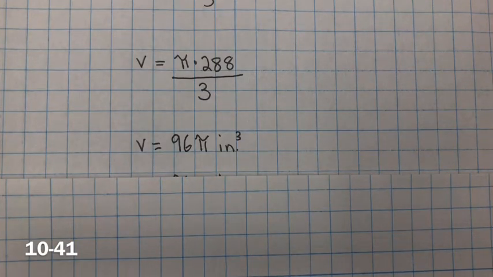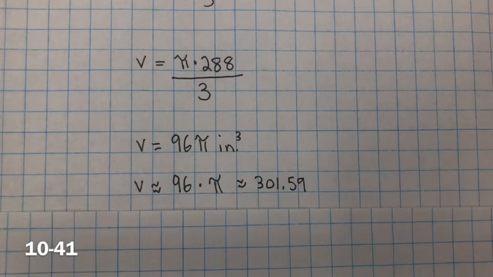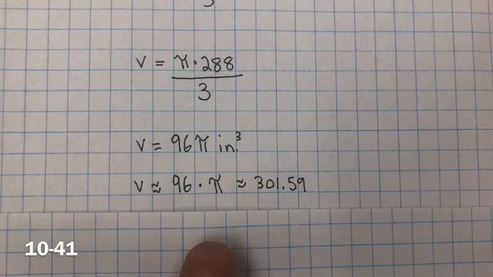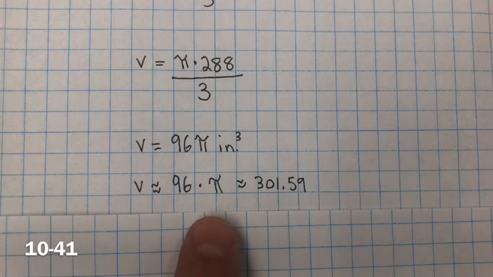Now that's the exact volume, the actual volume. To find the approximate volume, in the calculator, if we do 96 multiplied by pi, using the pi button, you get approximately 301.59. That's using the pi button.